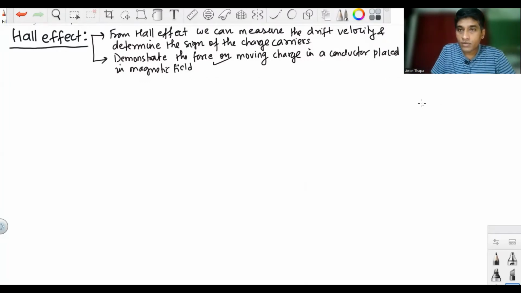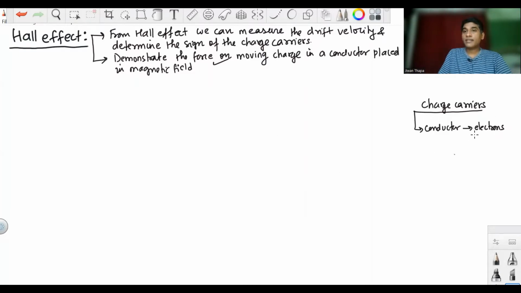Now let us discuss charge carriers. Okay, a conductor contains electrons, okay, as the charge carriers. Clear?